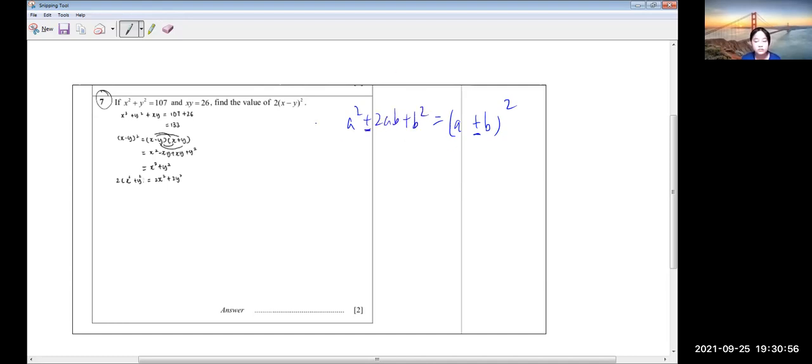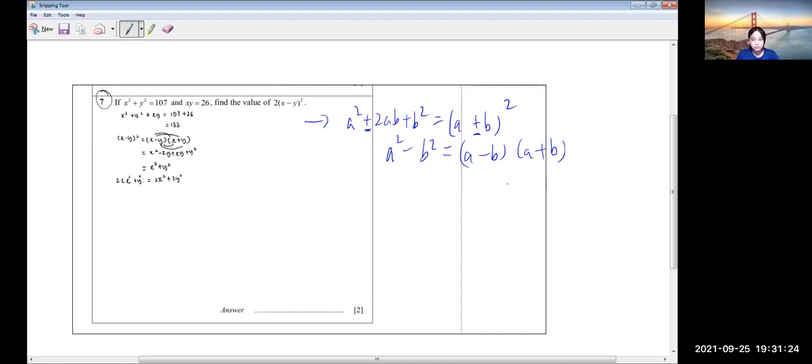By the way, this is already 2 of them. Can you see plus minus? By the way, if here is plus minus, over here is always plus. If you don't believe, you can take a look. It's always plus for the b square. Then the last one is a square minus b square, then it's a minus b, a plus b.